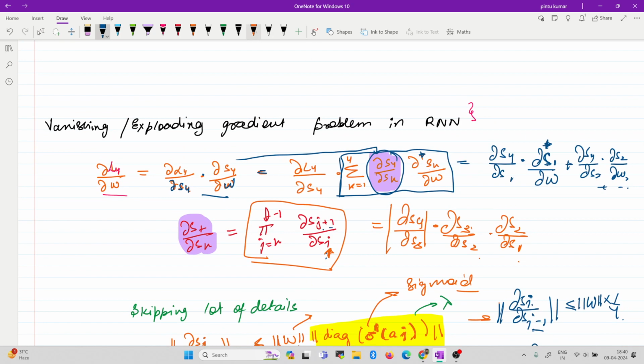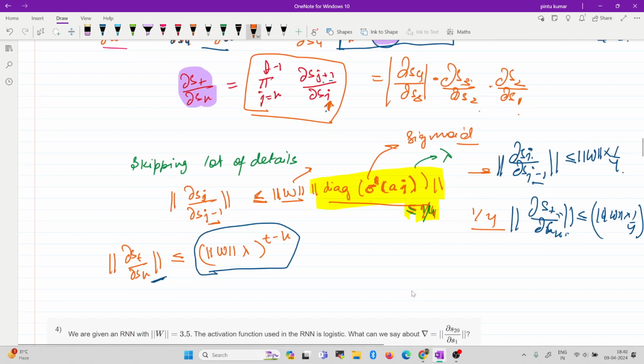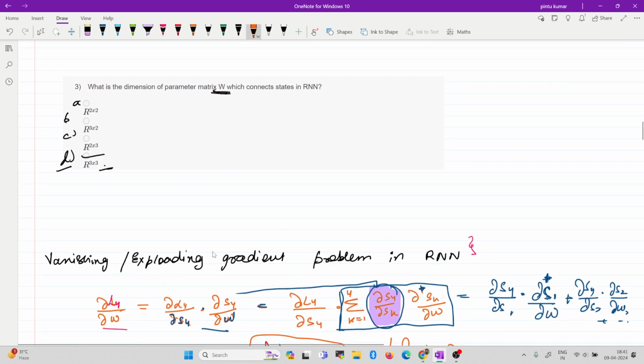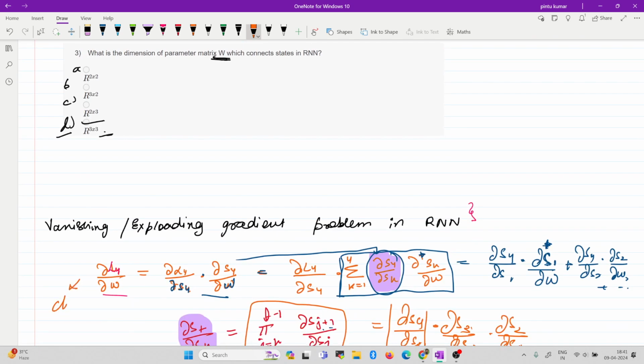So for example, for sigmoid activation, if norm of W into 1 by 4 is strictly less than 1, and this is raised to some power, let's say t minus k, where t and k have a large gap between them, because this quantity is less than 1, the gradient that you will obtain would be close to 0.